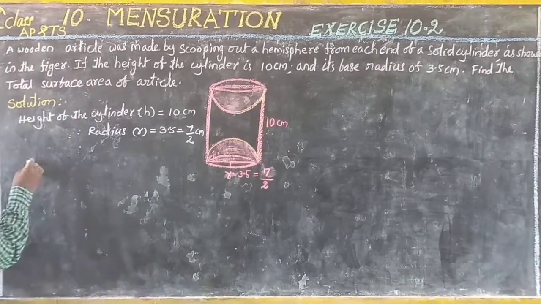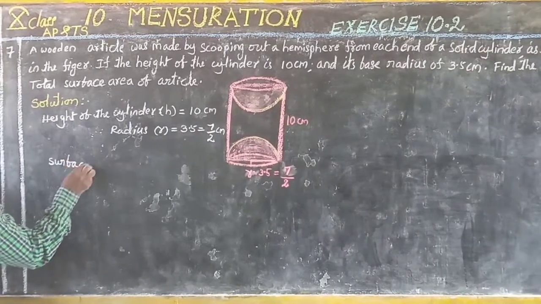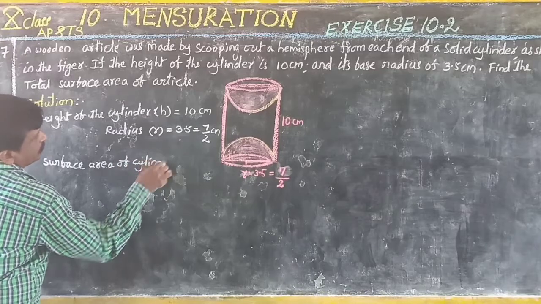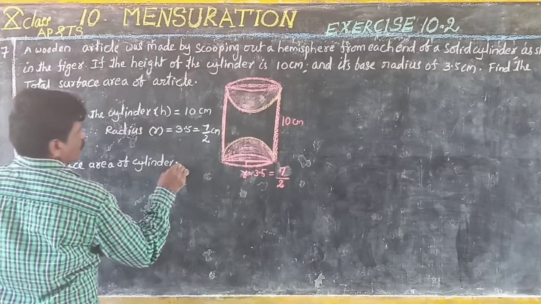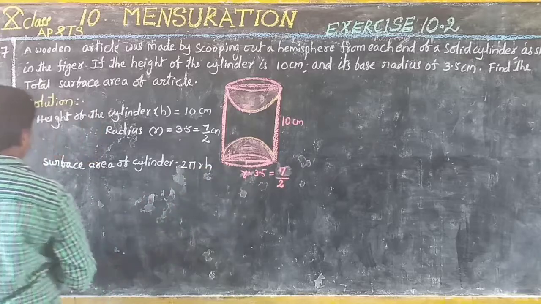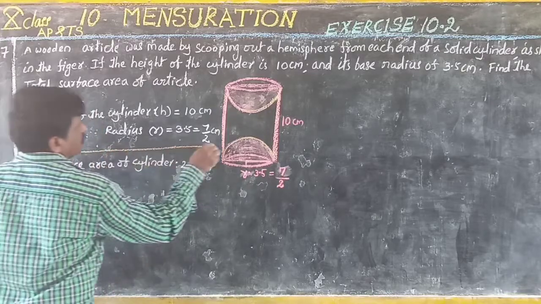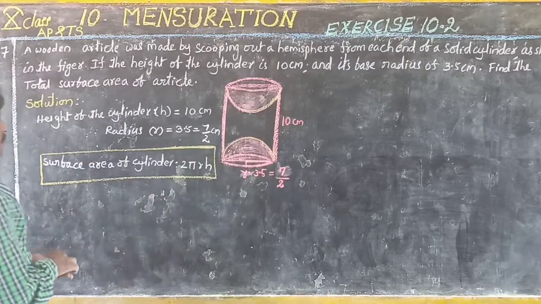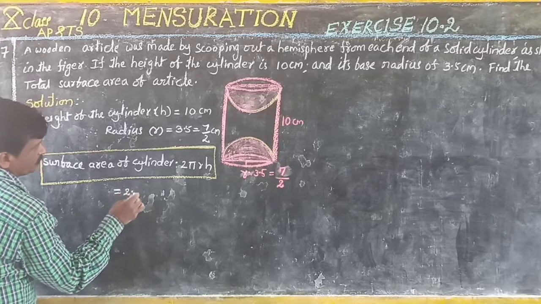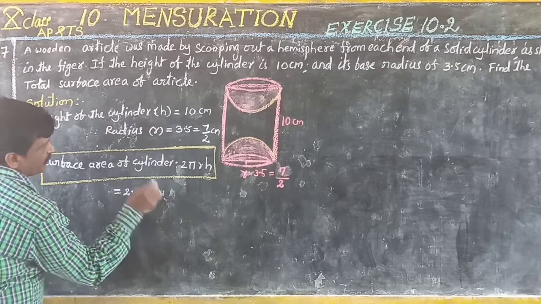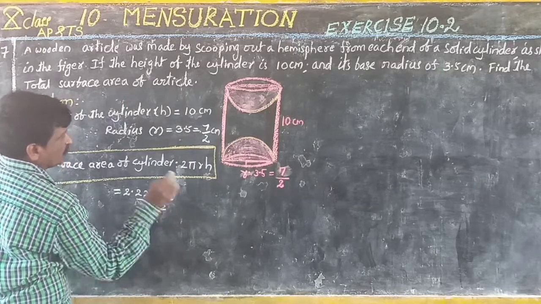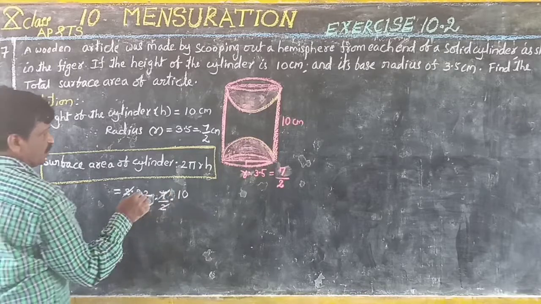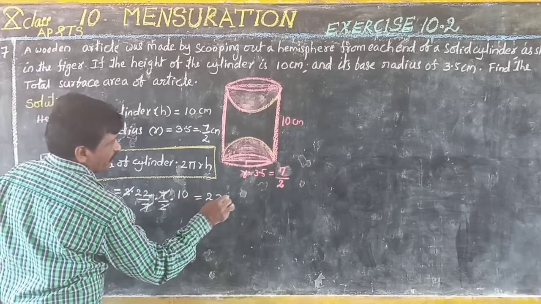First, surface area of the cylinder is equal to 2 pi r h. 22 by 7, r is 7 by 2, h is 10. 22 into 10 is 220 centimeters square.